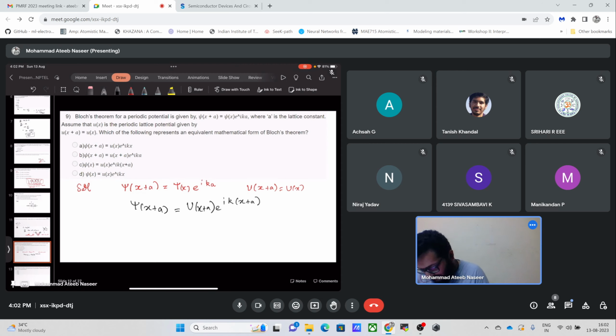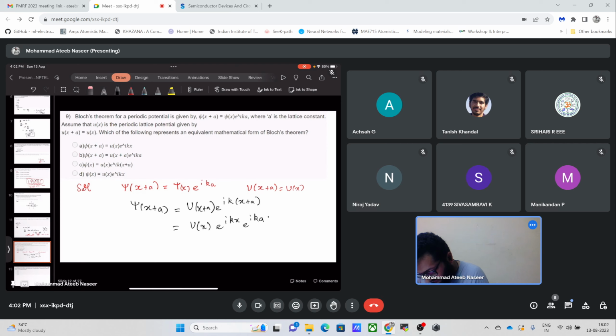It would mean that I have to evaluate it for psi of x plus a, where u of x plus a is simply u of x, and it would be e to the power iota kx and e to the power iota ka.